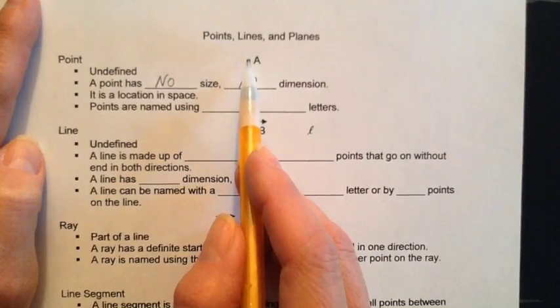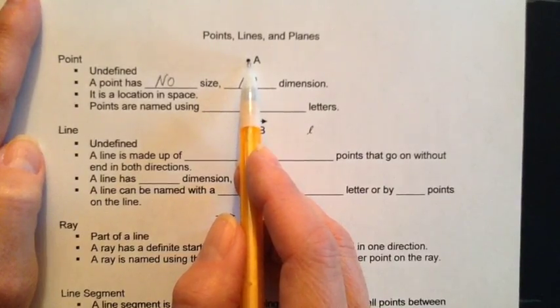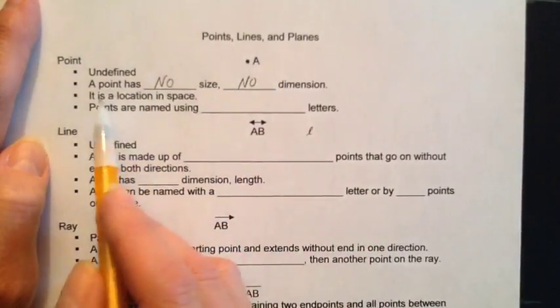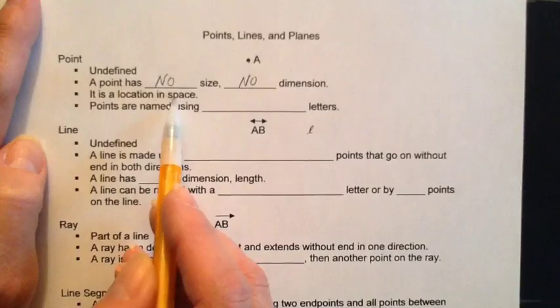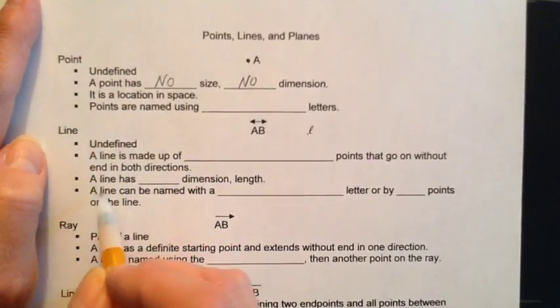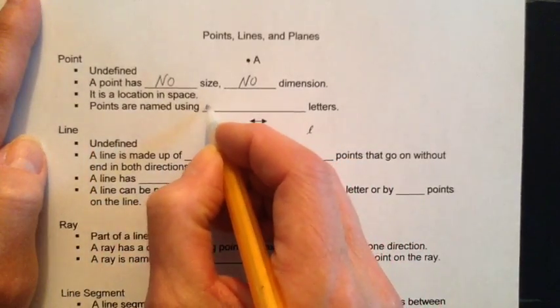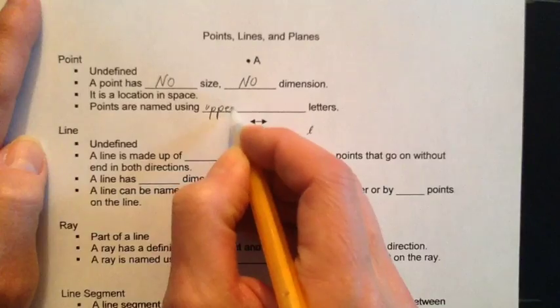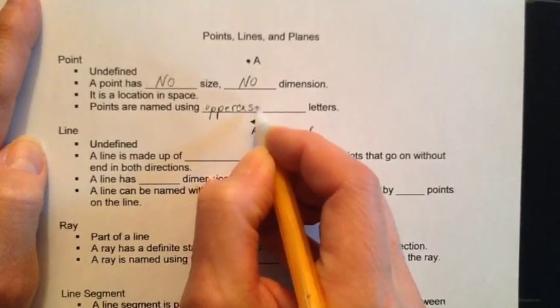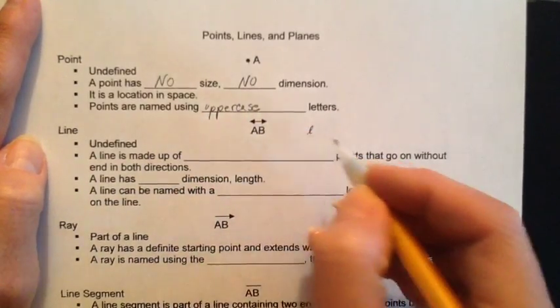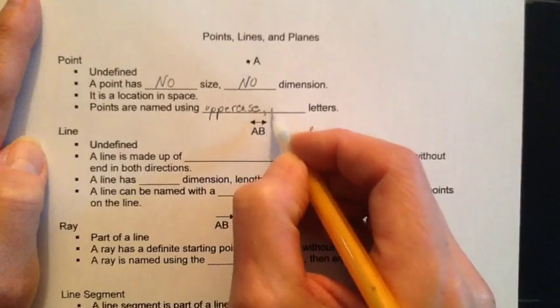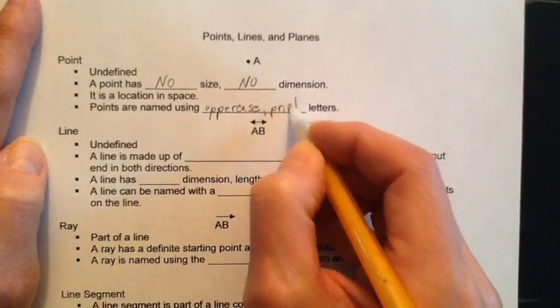If we could model a point exactly, it would have no dimension and no size, but then we couldn't see it. So anyway, a point is a location in space, and points are named using uppercase, print, non-script letters. Very, very important.